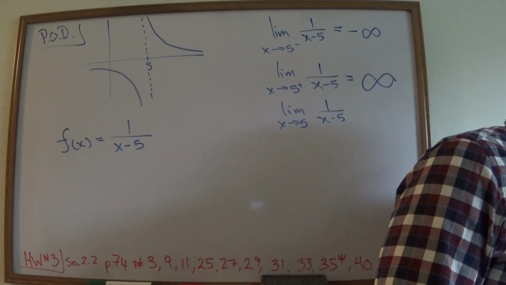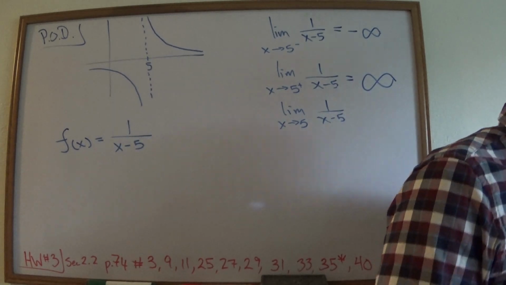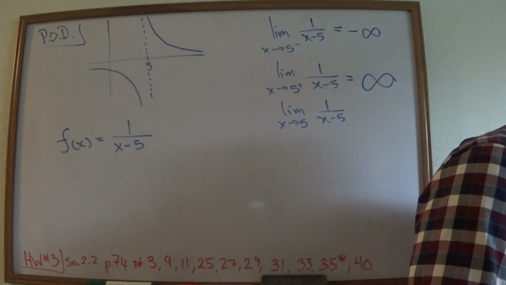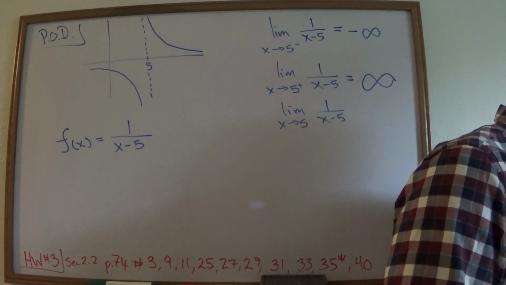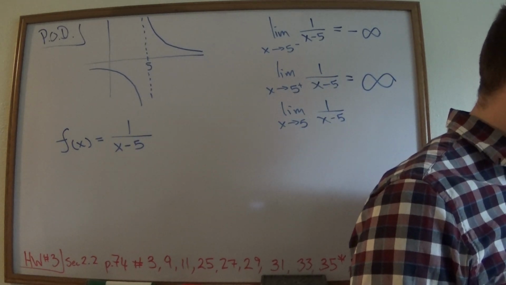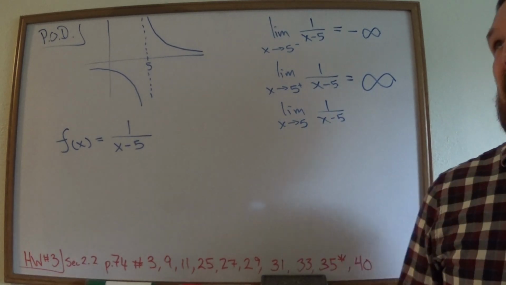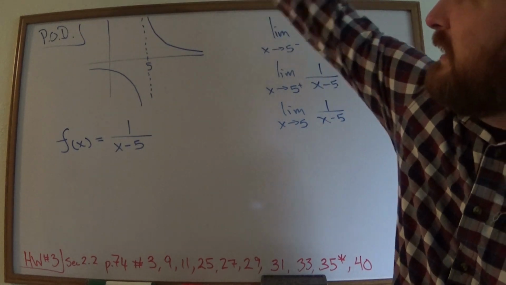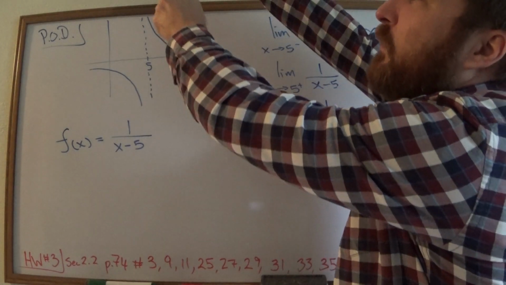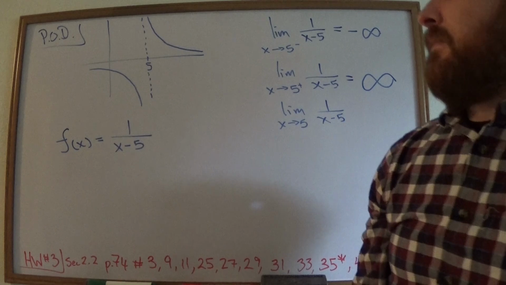We'd also say f becomes infinite as x approaches 5 from the right. We could say f increases without bound as x approaches 5 from the right. That's something you're going to hear a lot. Increases without bound. And that's the idea. There is no bound. There is no limit to which this thing will ever stop, right?